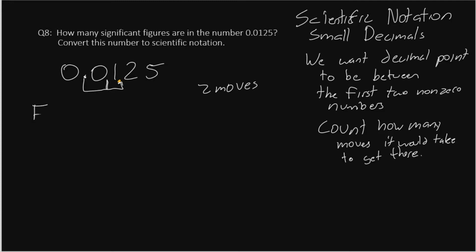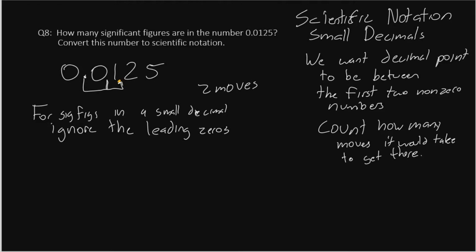Now for sigfigs in a small decimal, the rules are slightly different from if we had had a big number. In a small decimal, we are going to ignore the leading zeros.